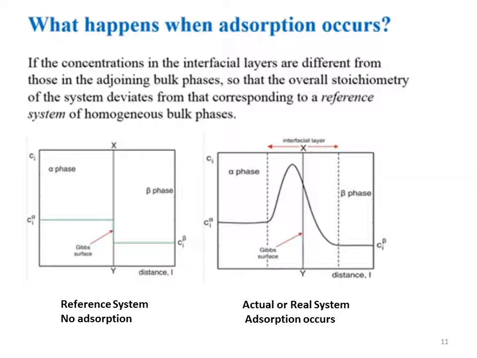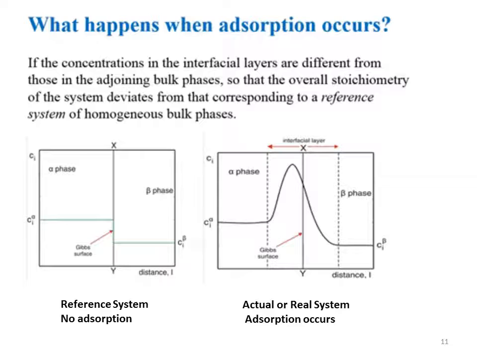In the reference system there is no change in the concentration of component I in the alpha phase and no change in the concentration of component I in the beta phase, because there is no interfacial layer, there is no interface. When there is no interface, there is no change in concentration. When there is no change in concentration, the green line in the first figure is constant, a straight line.